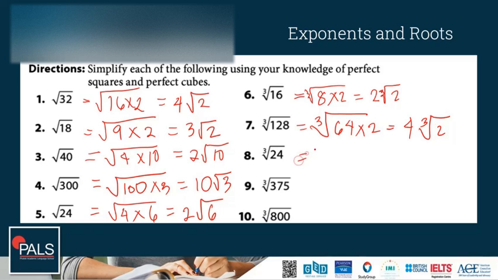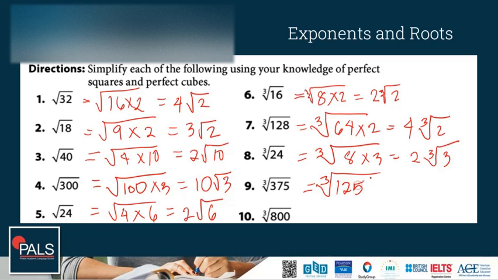Number 8, cube root of 24 is cube root of 8 times 3. Cube root of 8 is 2, so 2 cube root of 3. Number 9 is cube root of 375, which is cube root of 125 times 3.